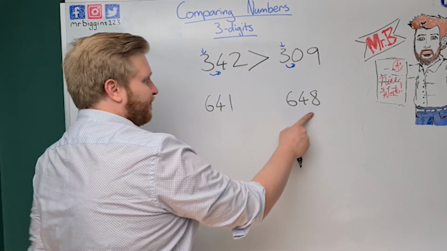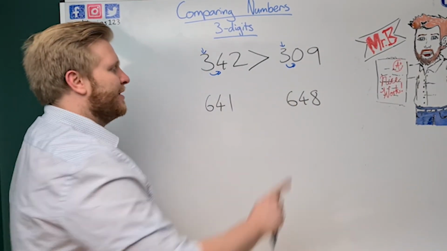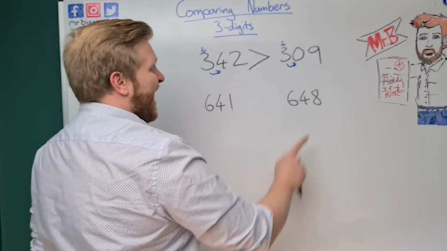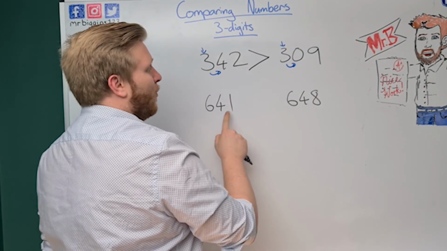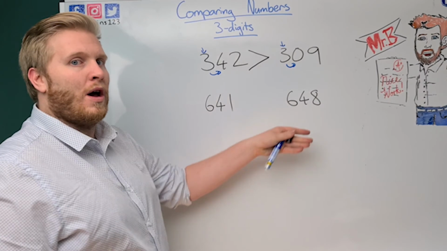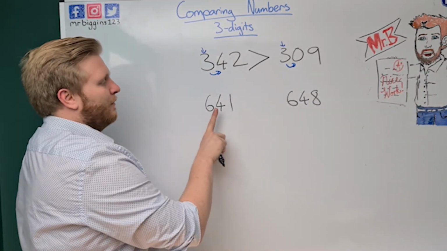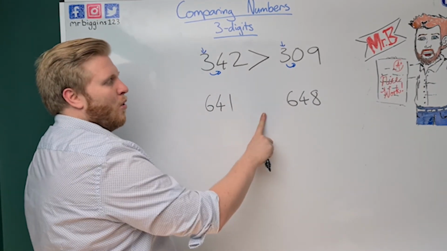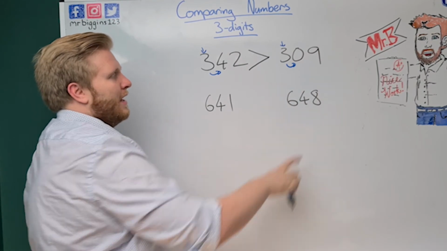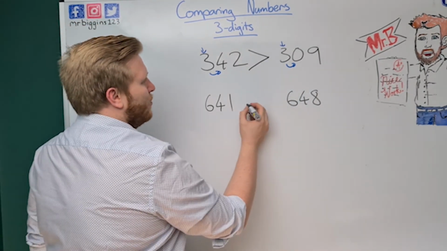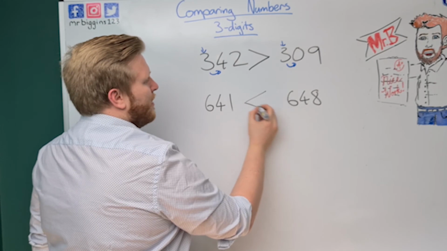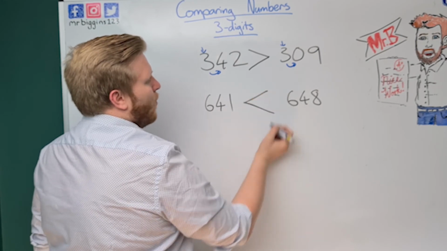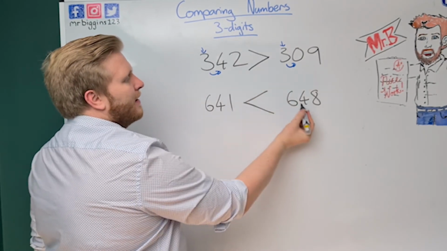So this number is our bigger number this time. 648 is bigger than 641. But we're going this way, aren't we? So what we're really saying is 641 is smaller than 648. So now we have to use this symbol the other way. 641 is smaller than 648.